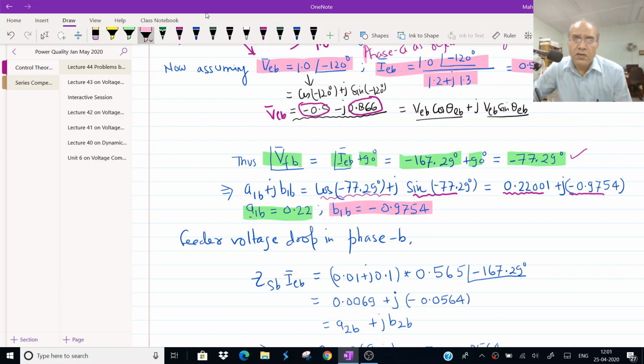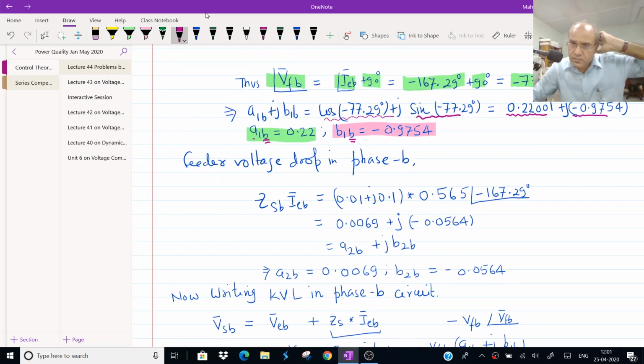I have used A1B, so this is A1 for B phase, this is B1 for B phase. Remember, the sign is negative here. Don't get confused by this sign, it could be anything. It all depends upon what my reference phasor is. So here it is negative.